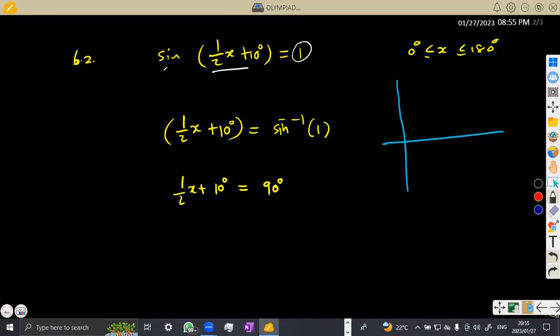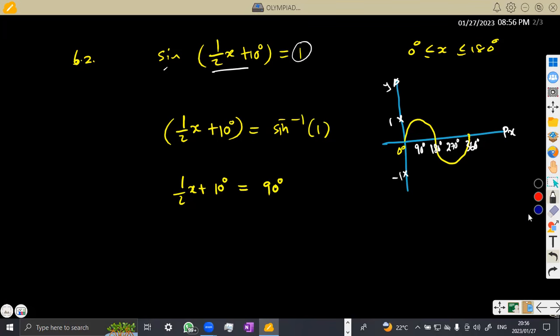We are going to have 0 degrees here, 90 degrees, 180 degrees, 270 degrees, 360 degrees. That's at -1 here and at +1. So this is the y-axis and the x-axis.